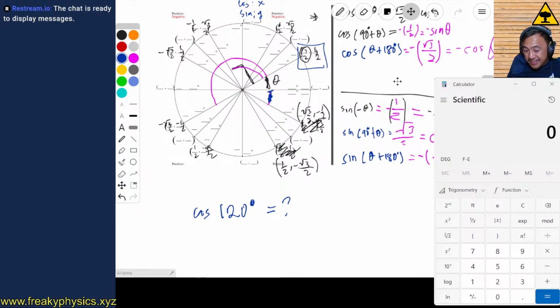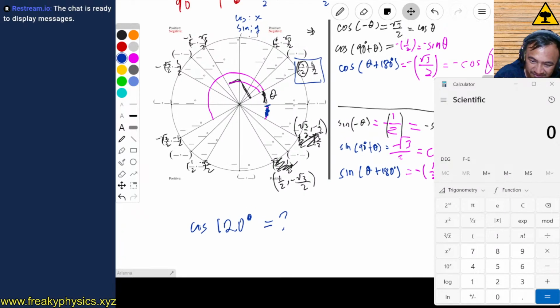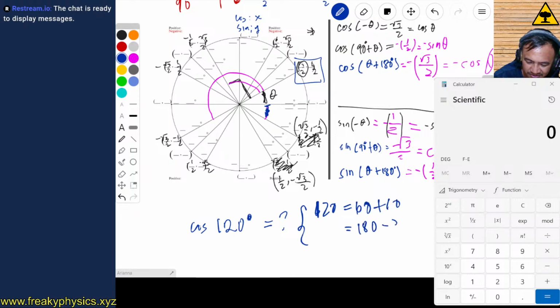You could do 60 plus 60, but there's an easier special angle, 180 minus 60. So there are three possible things you can do. Actually, there may be more. But the three best ones are, 120 is equal to 60 plus 60, or 180 minus 60.